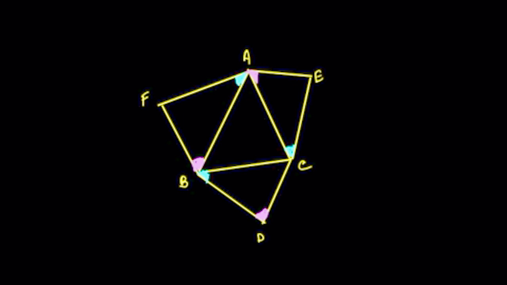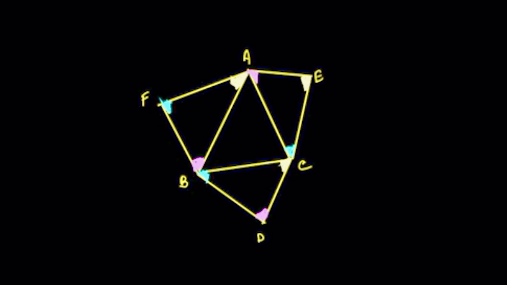Okay, maybe I can change the red angle a little bit. The red angle needs to be one of the vertex angles. Okay, and then we have the purple angle equal to this purple angle, equals to this purple angle.